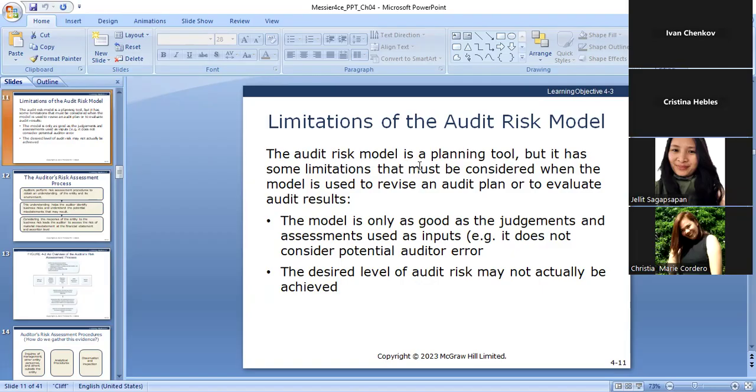So this model is only as good as the judgment and assessment used as input, and it does not consider potential audit error. So again, the judgment here is very high, and the assessment is also, who's doing the assessment?